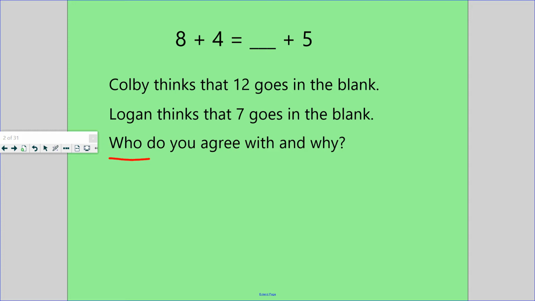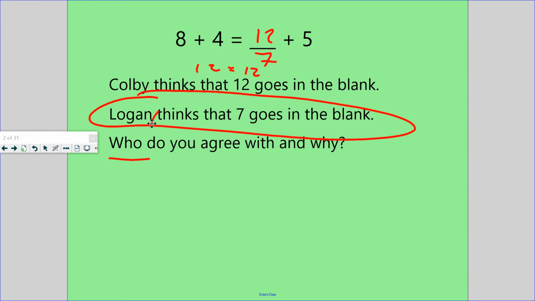Well, let's see. 8 plus 4 is 12. 12 plus 5 is 17. Logan thinks that 7 goes in the blank. 8 plus 4 is 12, and 7 plus 5 is 12. So 12 equals 12. The answer is Logan.